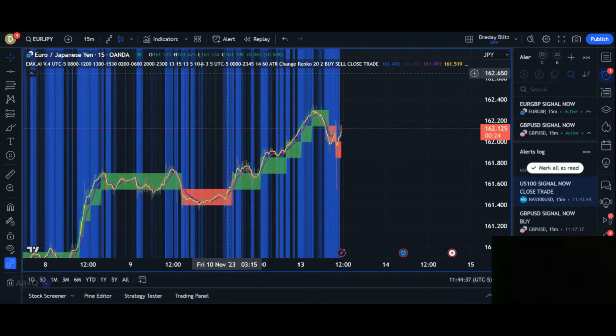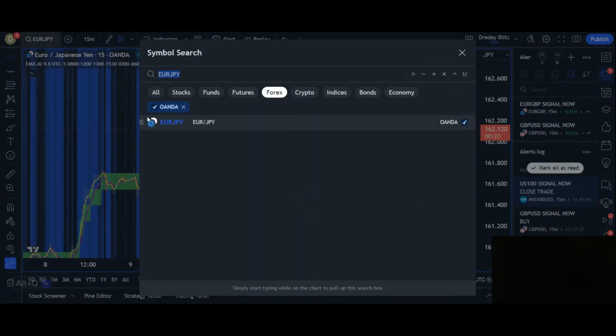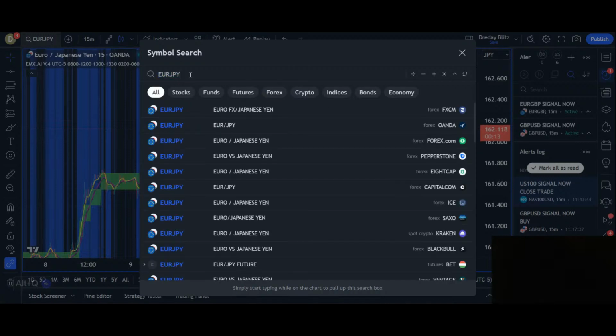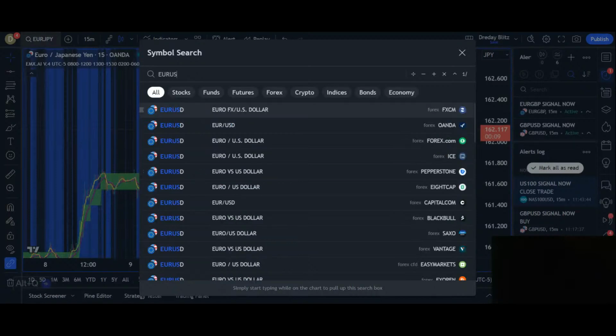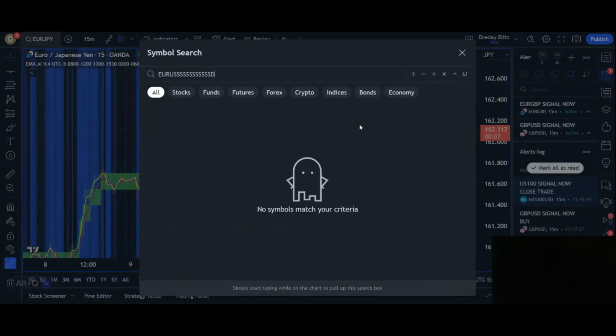So let me put it back on Euro USD. Oops.